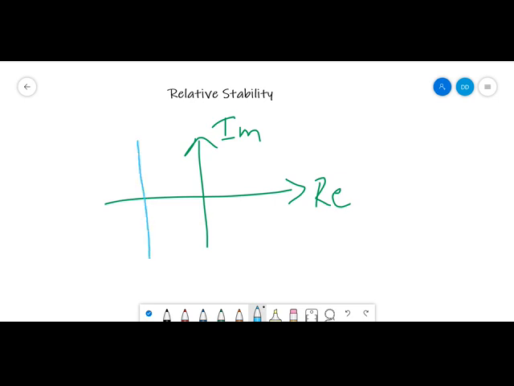It is denoted by the root S is equal to minus sigma, where sigma is greater than 0. So our time constant tau, we write it as 1 by sigma. That means they are inversely proportional.